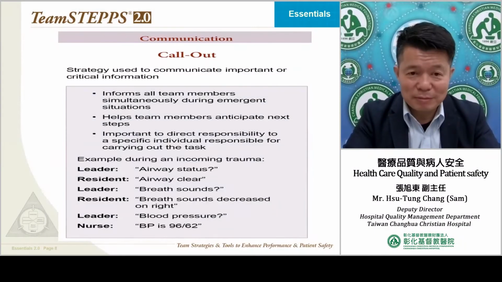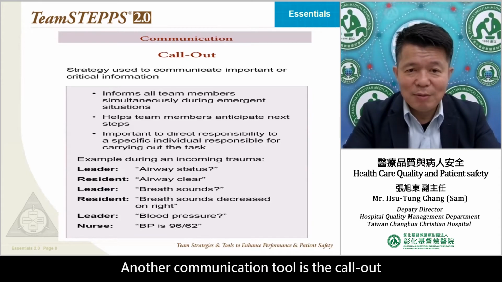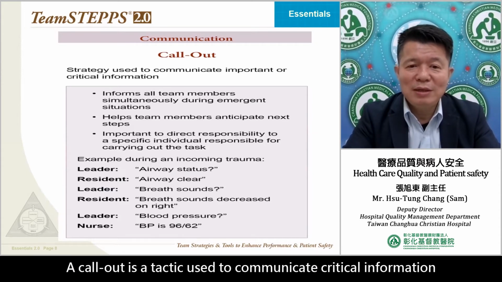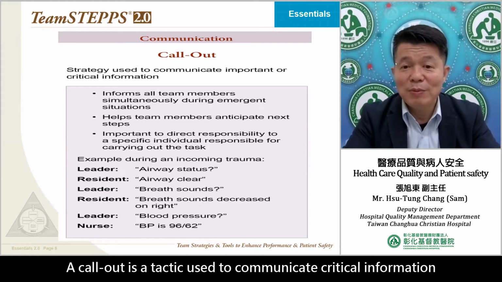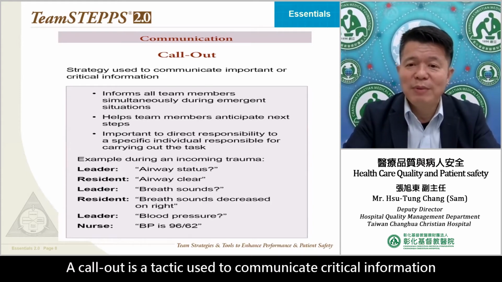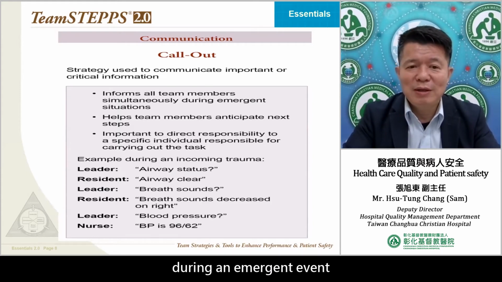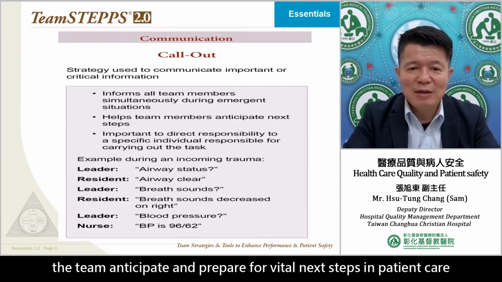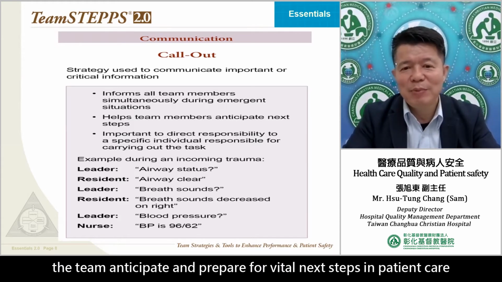Call out. Another communication tool is the call out. A call out is a tactic used to communicate critical information during an emergent event. Critical information call out in these situations helps the team anticipate and prepare for vital next steps in patient care.